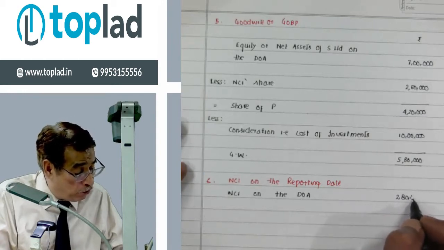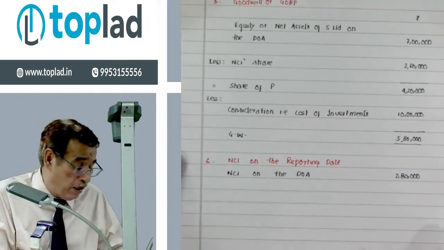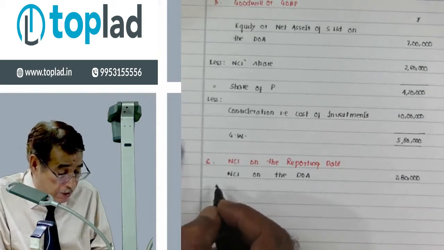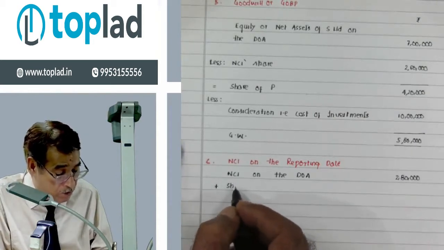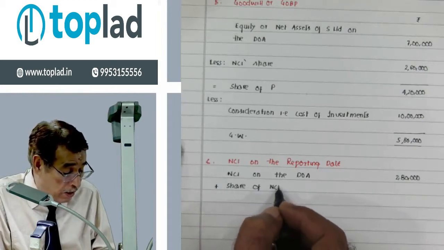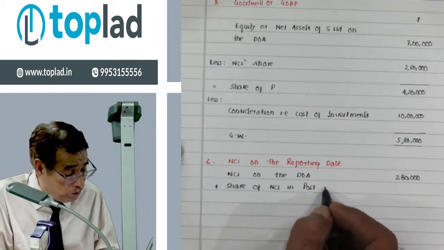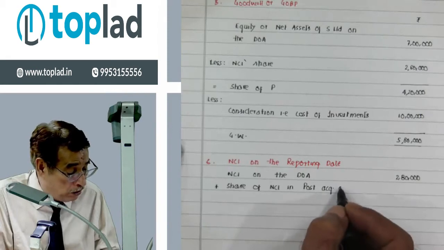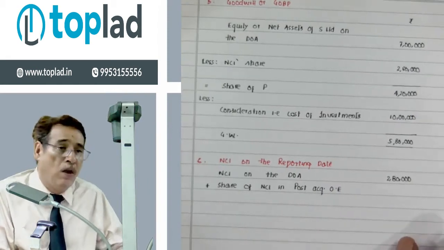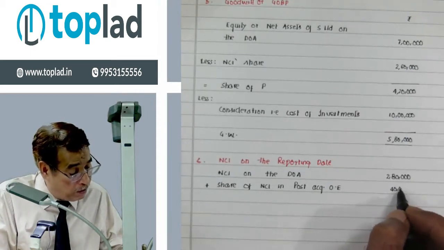That means on the date of acquisition, NCI has a right to 2,80,000 worth of net assets. And now we will add here the share of NCI in post-acquisition other equity. Post-acquisition other equity was 1 lakh as we just saw. Out of 1 lakh, 60,000 belong to us, 40,000 belong to NCI.